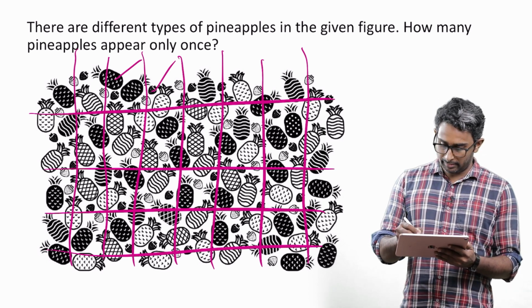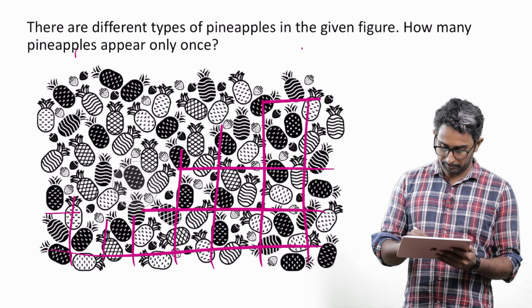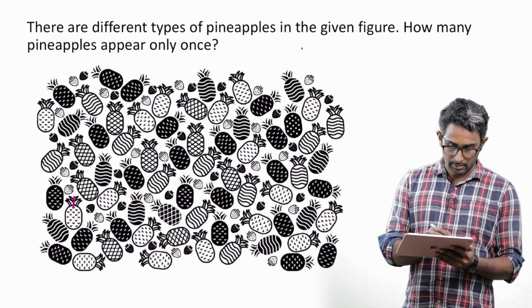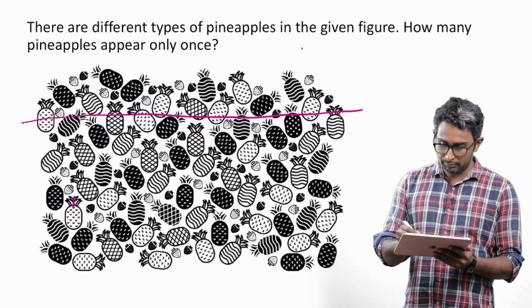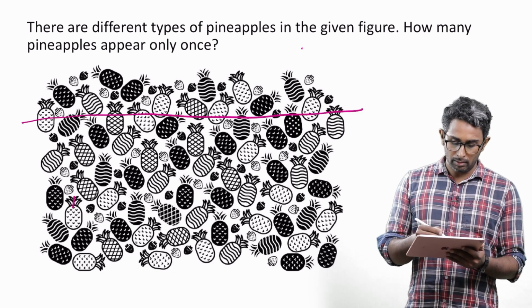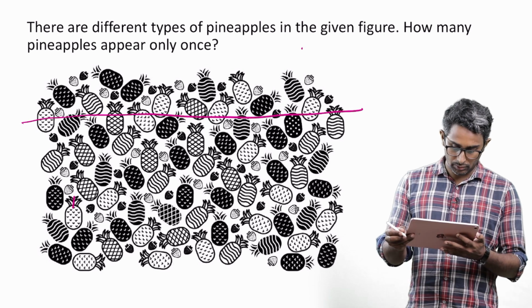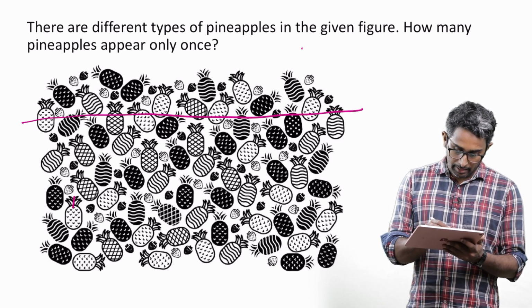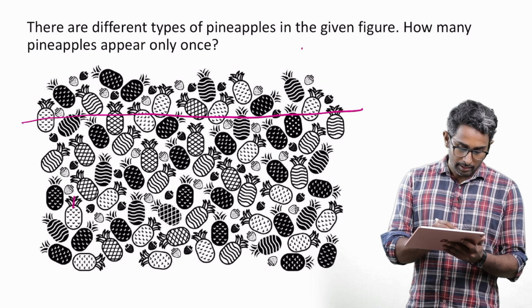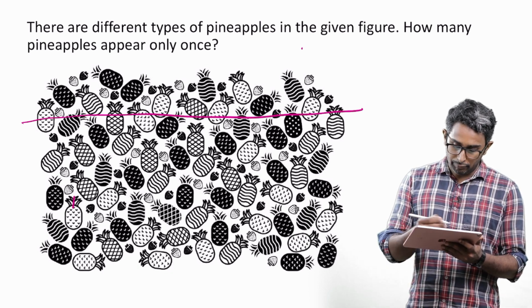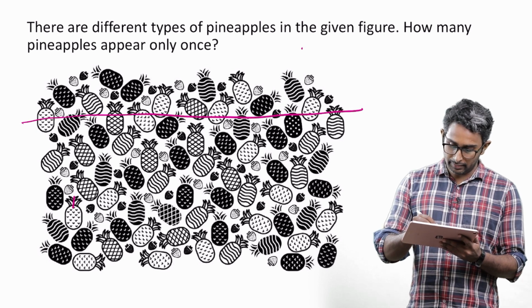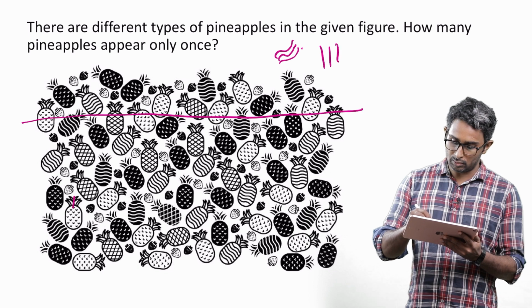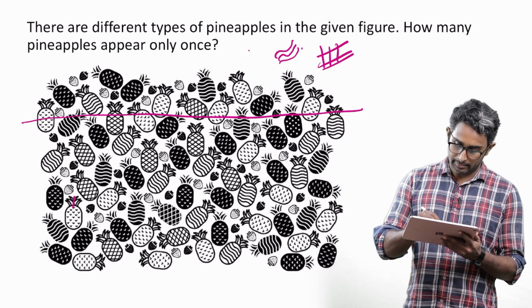So let me erase it. If you observe from left to right, try to pick out the odd patterns in this image. If you are coming from left to right, I am not able to see a particular pattern in this one, and if you observe this image carefully, there are different types of patterns, like cross patterns, like this.